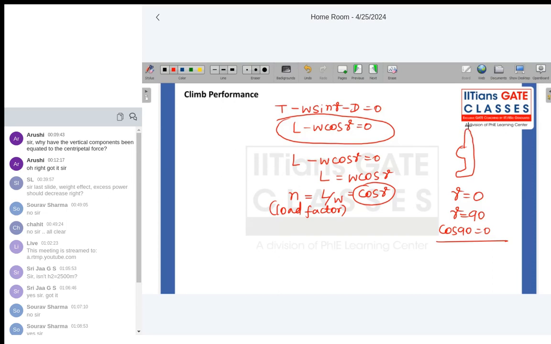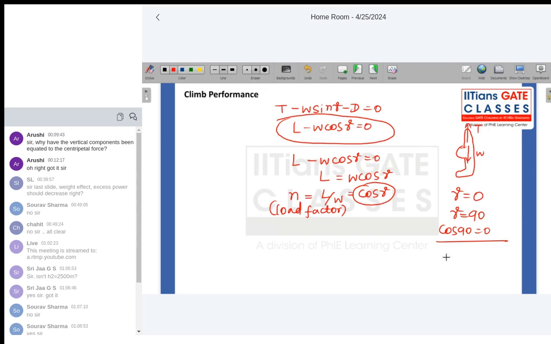Here lift is becoming 0 and thrust is balancing your weight, which means this is not a climbing flight where gamma is equal to 90. So gamma should be between 0 and 90 degrees for climbing flights.